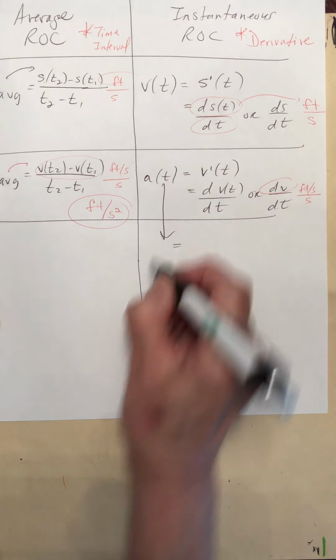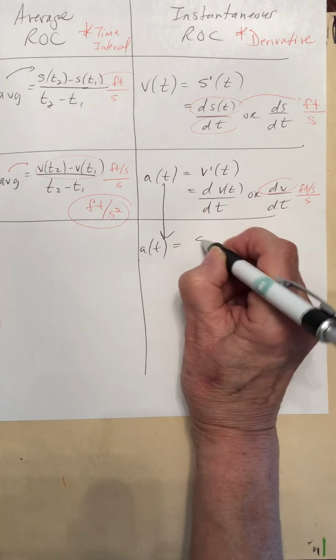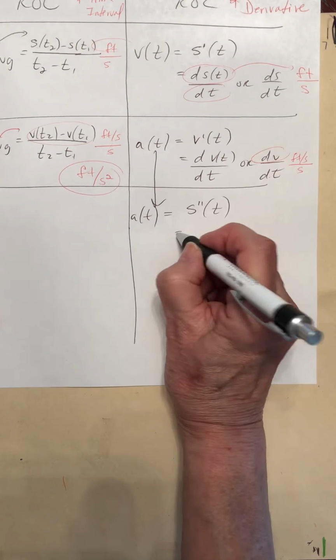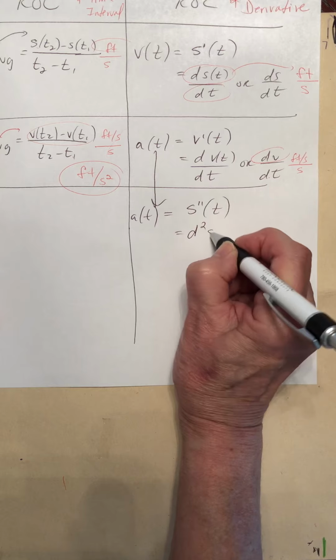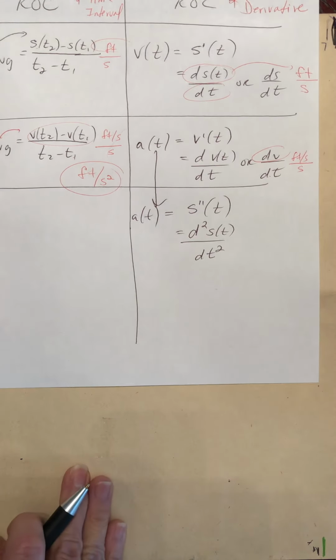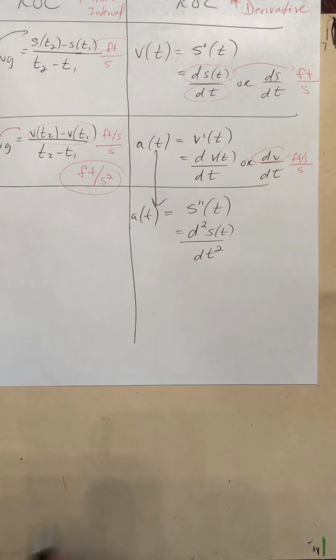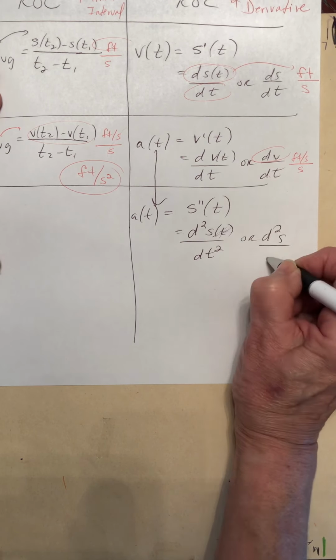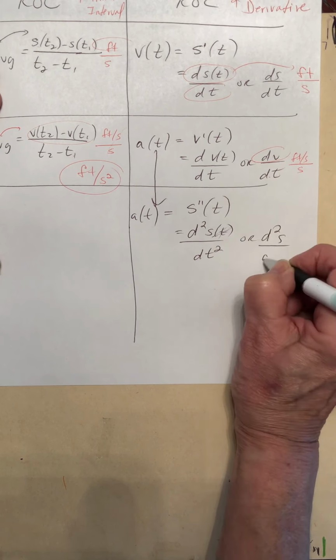So notation would be the second derivative, and notice the location of those exponents. There's the second derivative of position, or maybe we drop that t, and you may have it described like that. And again, it's going to have the same units.